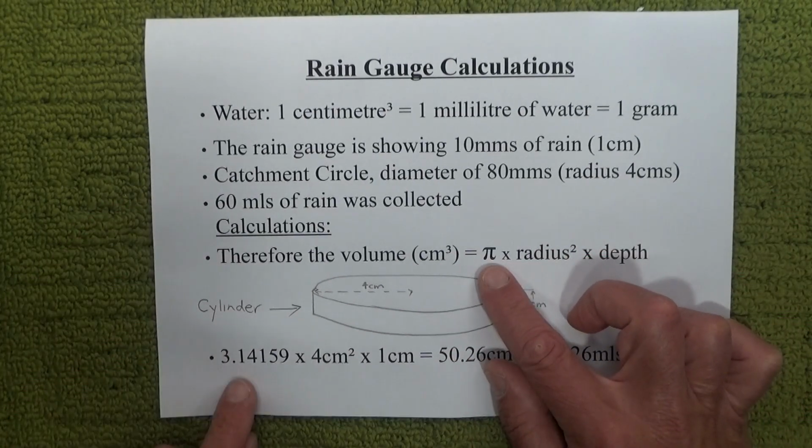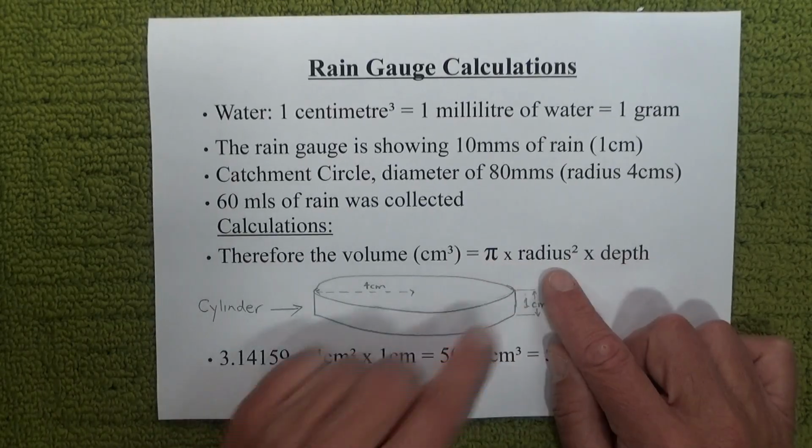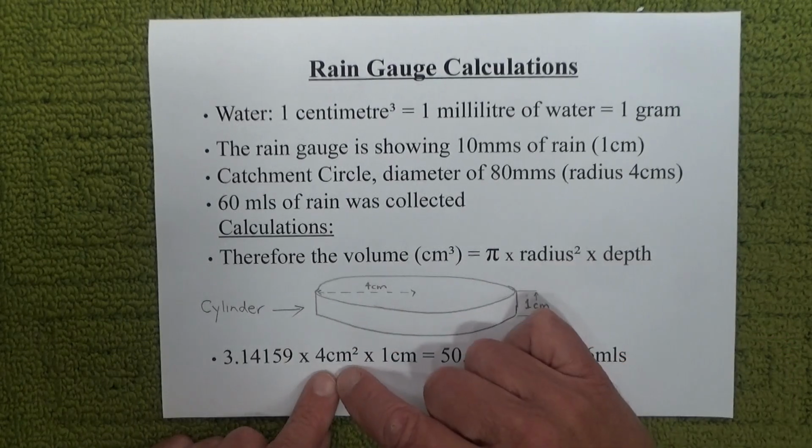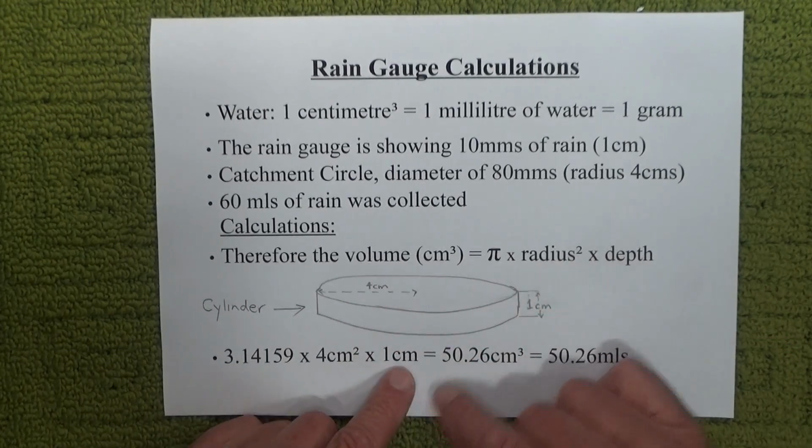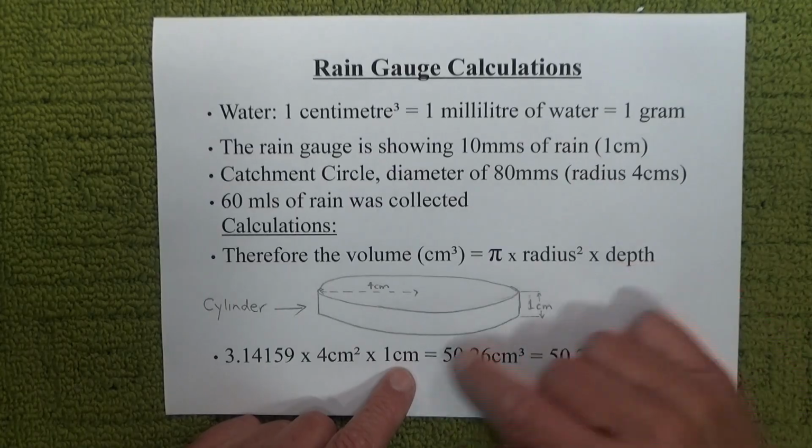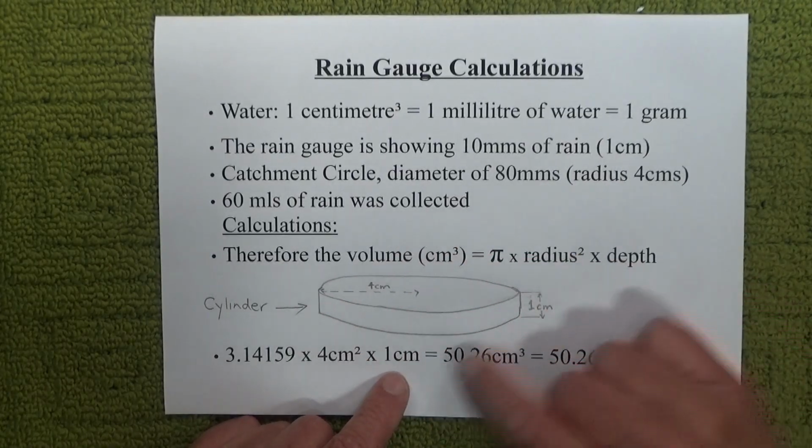So pi is the standard 3.14159, and we multiply that by the radius squared, which is 4 centimetres squared, multiplied by the depth, which is that 1 centimetre.